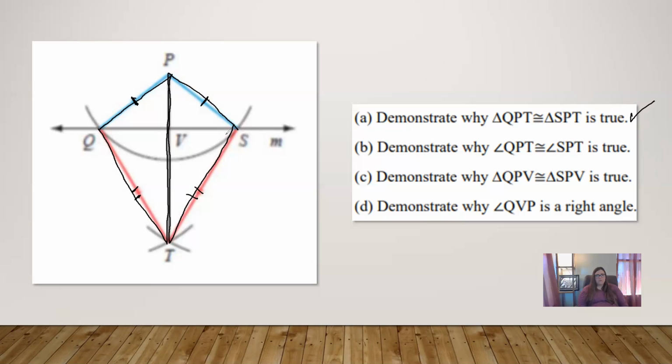Now, are the angles QPT, this angle right here, and SPT, this angle right here, the same? Well, the triangles are the same, and they both have the P in the middle and the T at the end. So the way the triangles are set up, they are the same.